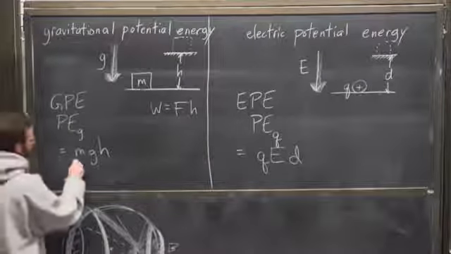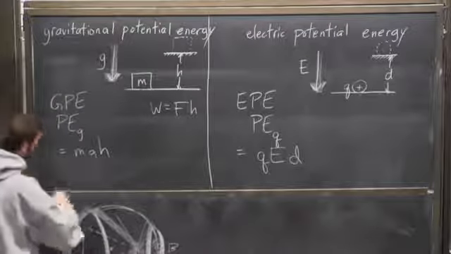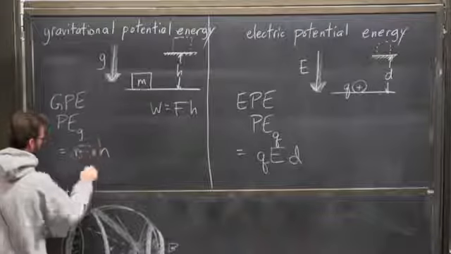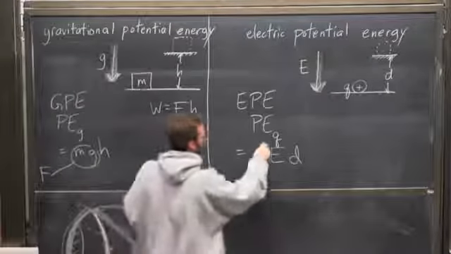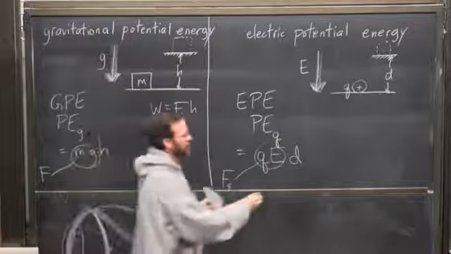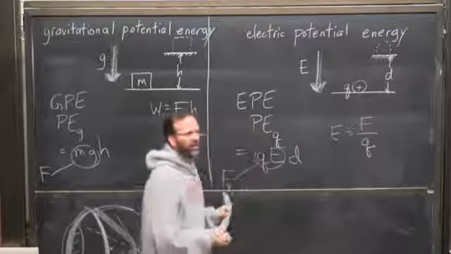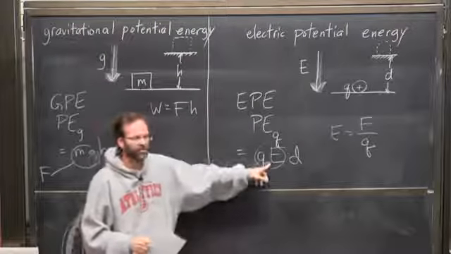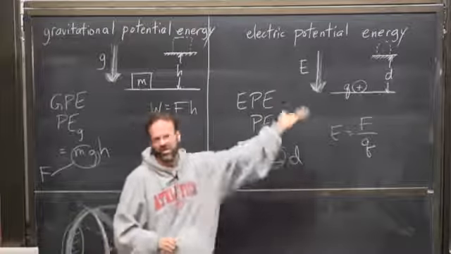Do you see that this is force? I shouldn't write it like that. That makes it look like it's part of the equation. This is F. Can you see that this is F, the electric? Because the electric field is force per charge, so you rearrange that, that's what F is. So it's still force over distance. You do work, and it gains that much energy.